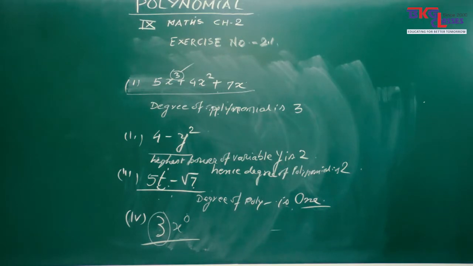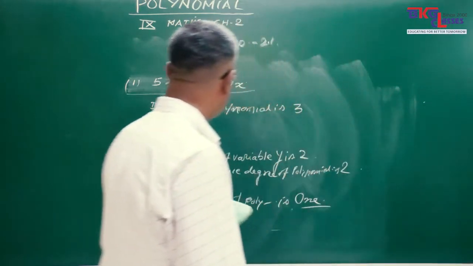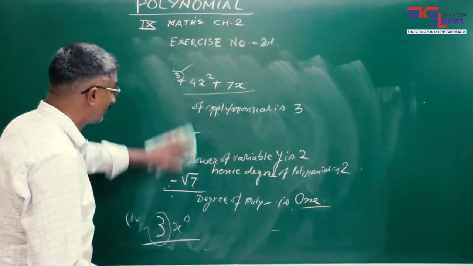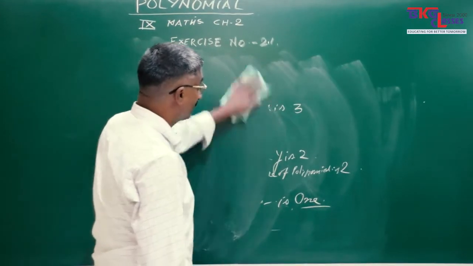Next is fifth one. Classify the following as linear, quadratic and cubic polynomials. First of all I have to explain the name of the equations, whether it is cubic or quadratic or linear.